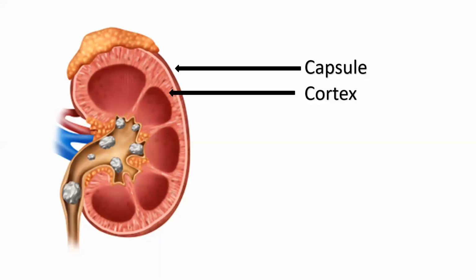Okay. Then you are able to see dark pink color structures which are somewhat looking like petals of a flower. These structures are somewhat triangular in their structure. They are also called as renal pyramids. And they are situated in the middle part of the kidney, which is also called as medulla, or we can say renal medulla.